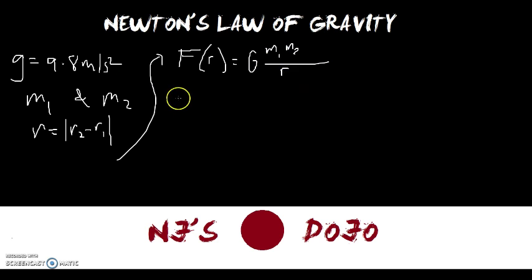This relationship is known as, again, Newton's law of gravity, and is an empirical law deduced from experiments and verified extensively.